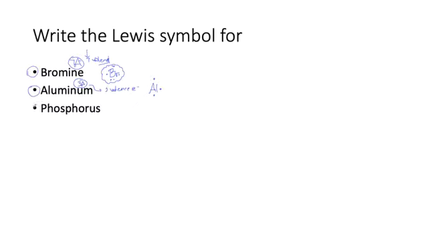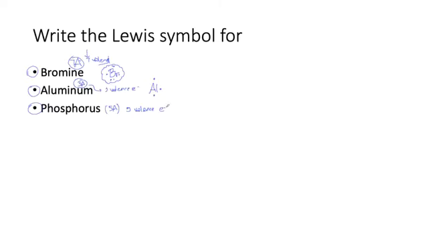Then next let's do the third one right here. We have phosphorus. We do the same thing with phosphorus. Where can I find it? I look it up. It's in group 5A of the periodic table. That means that this has 5 valence electrons.